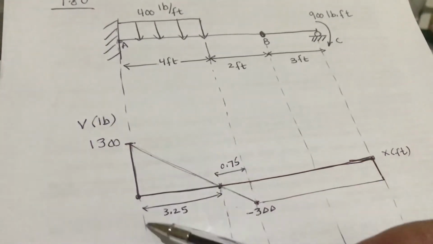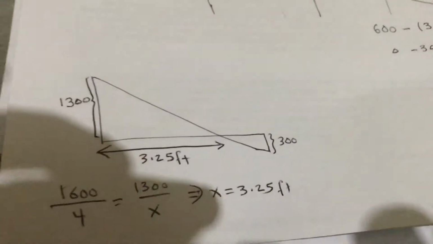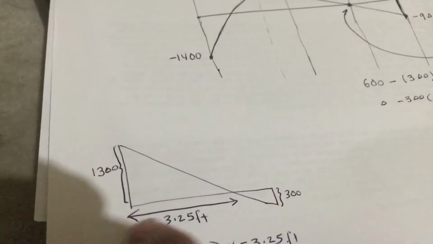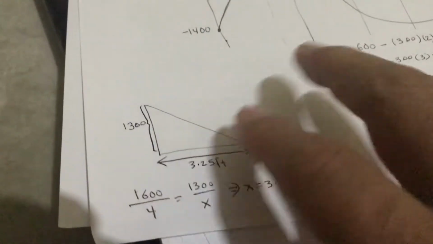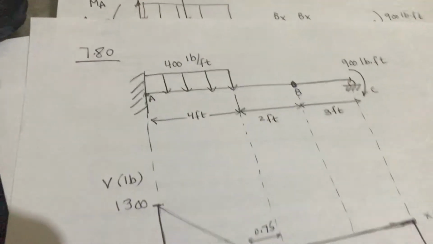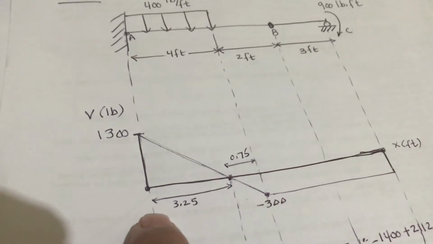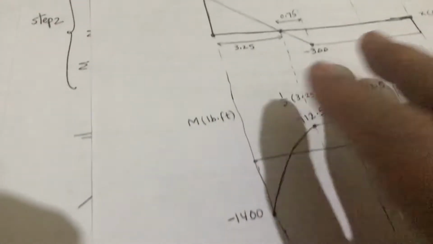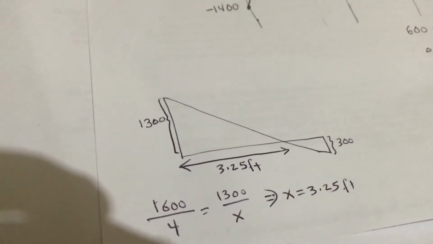It's 1,300 plus 300, that's 1,600. So we do 1,600. And for the big triangle, what is the whole distance here? It's 4 feet. So we do 1,600 over 4.